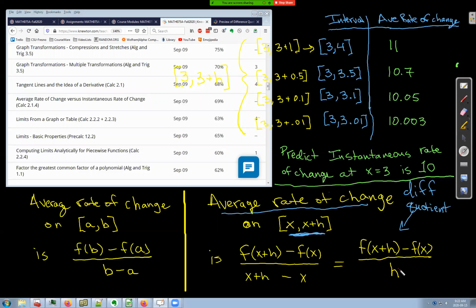It was kind of hidden. And so now what we're doing is we're bringing it to light. We're saying, okay, this thing is the difference quotient, and now we're going to start paying attention to it because it'll make things easier.